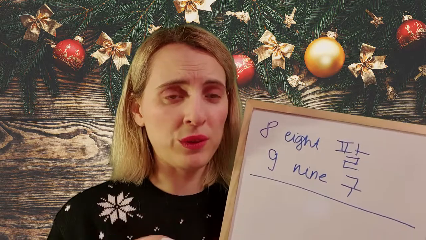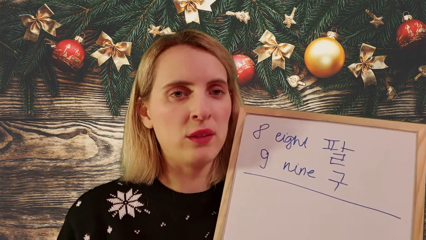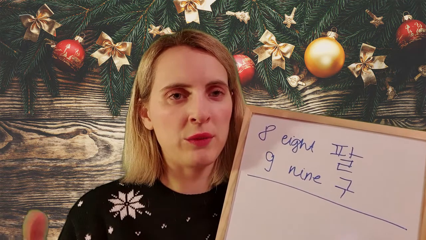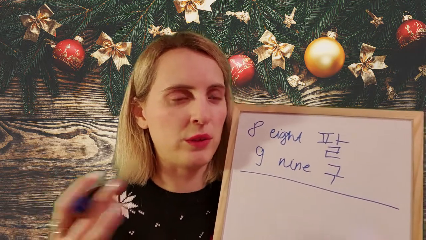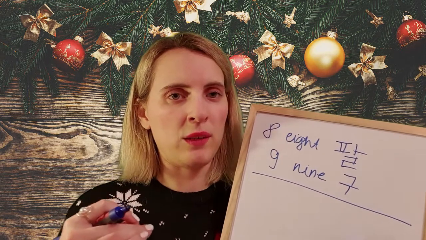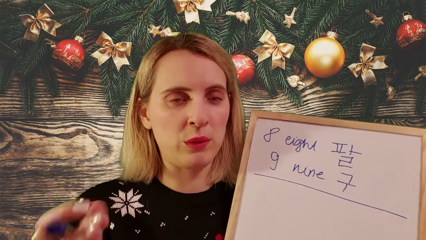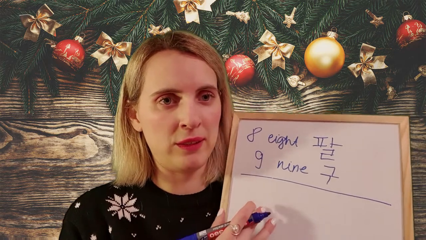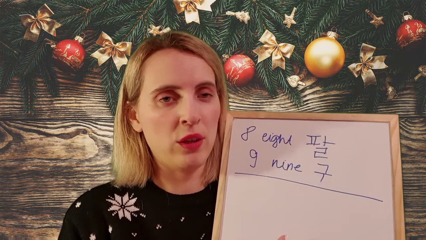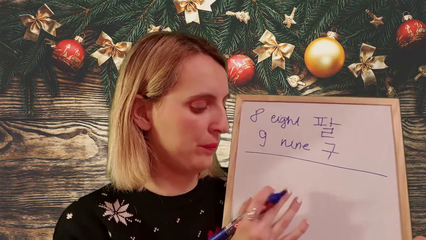And if you don't know these, you first need to learn them to know how to count from 10 to 100, to 200 and more, because they repeat in bigger numbers. So if you don't know these numbers from 0 to 9, learn them first and then continue to watch this video. If you know them, let's continue.